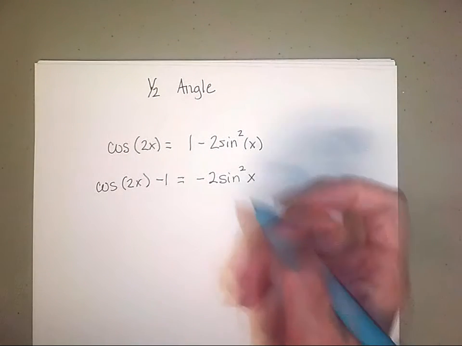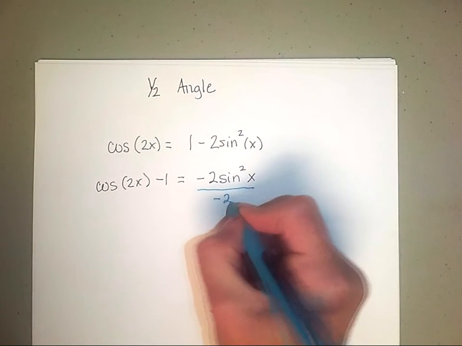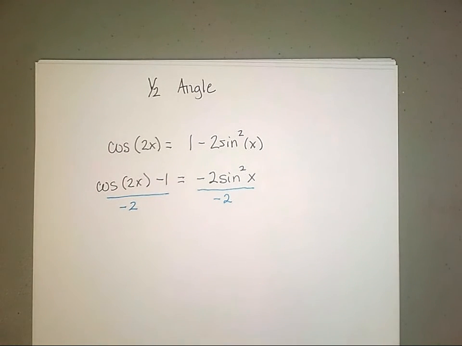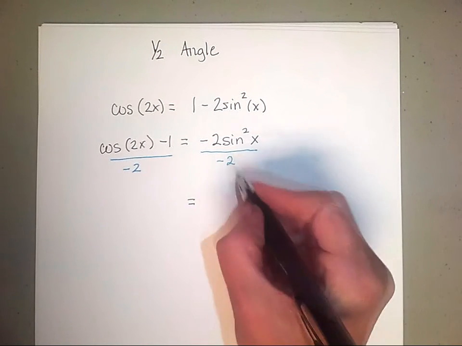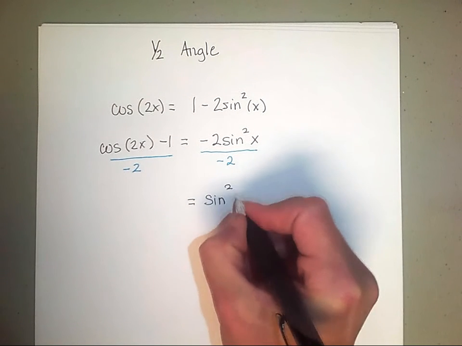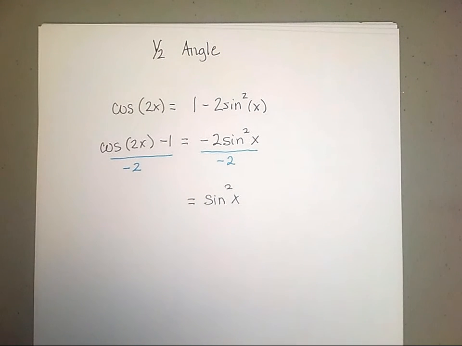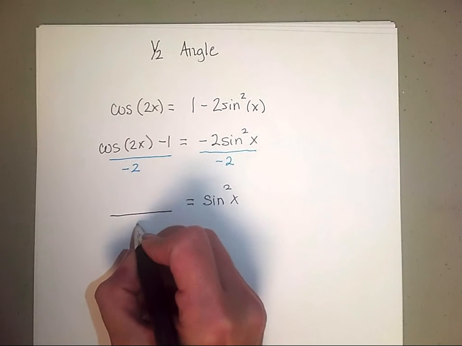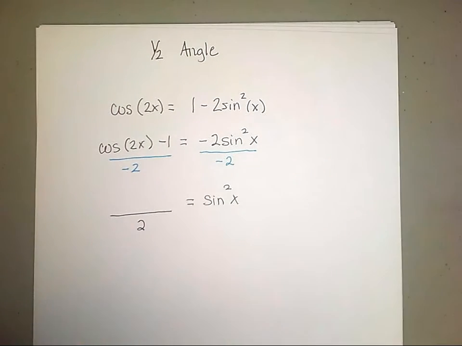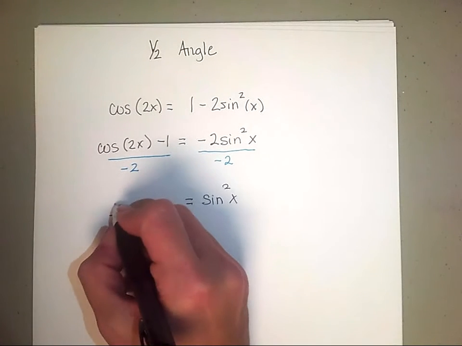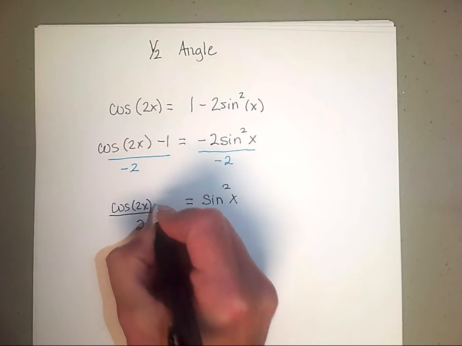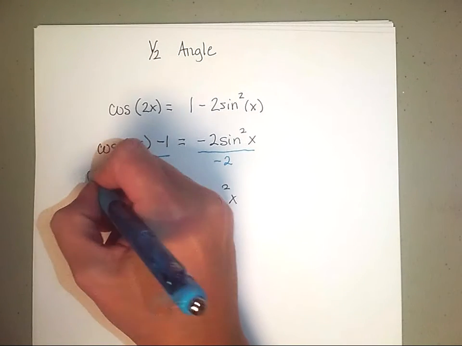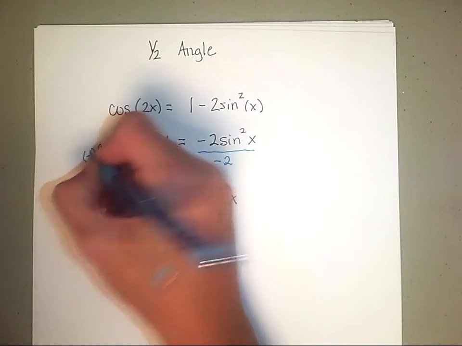Now I'm trying to get to sine squared, so let's divide by negative 2. On the right-hand side, we'll just have sine squared. And I don't like to have this negative down here in the bottom, so I'll transfer it up top. Remember, I can do that. You can think about it as multiplying by a negative 1 over a negative 1.